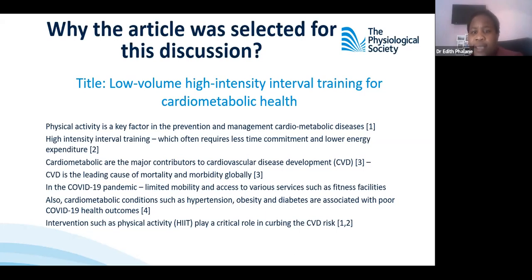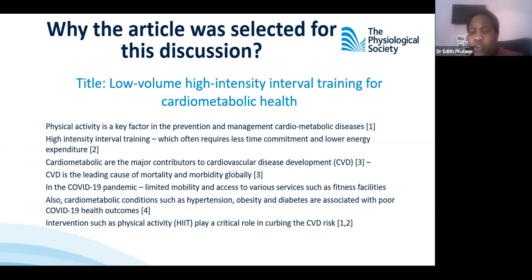Access to physical activity facilities is limited. So when I read about high intensity interval training, I looked at the benefits it offers, and that you can do it in the comfort of your home. Given that we are limited in accessing physical activity facilities and sport in the pandemic, look at what it could offer people.